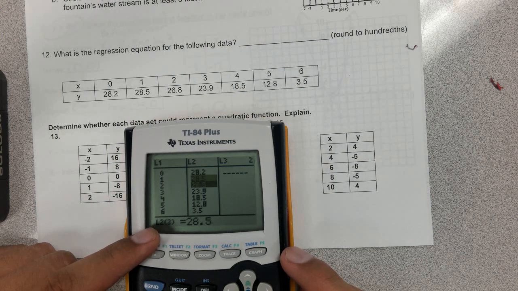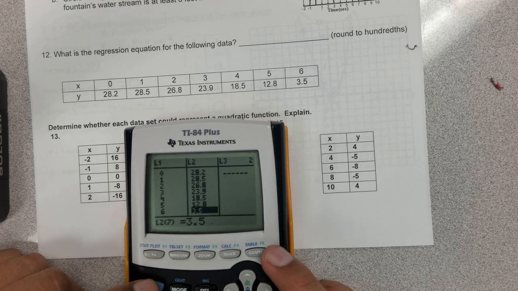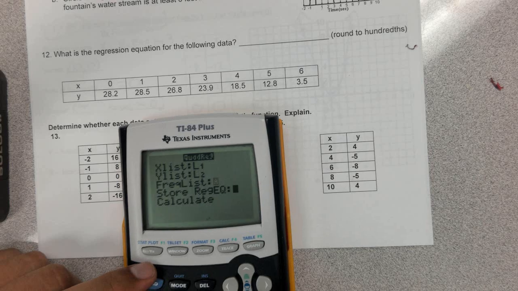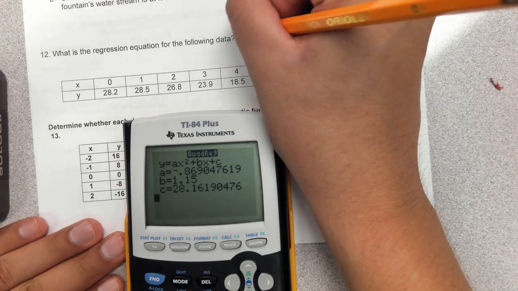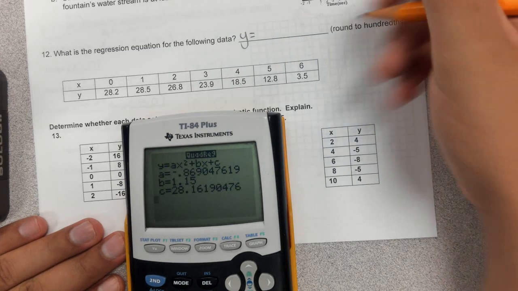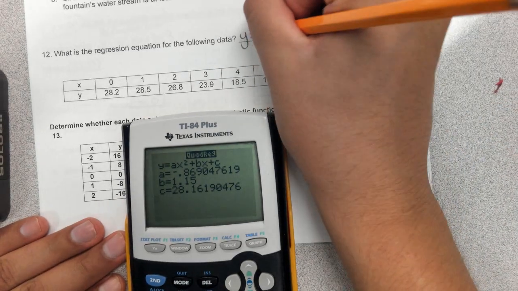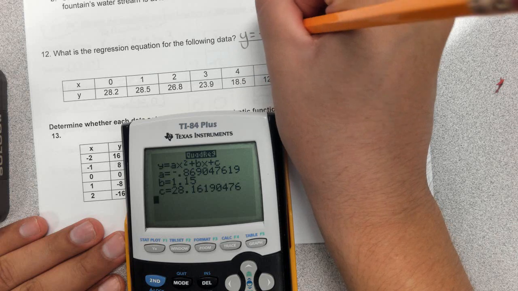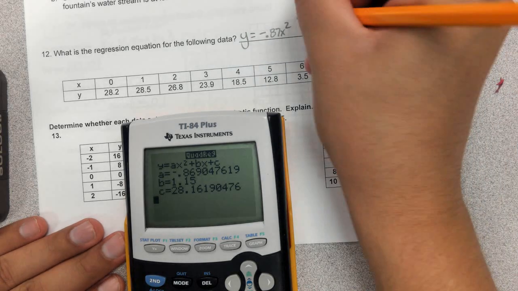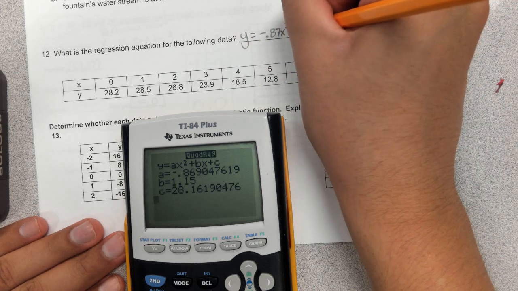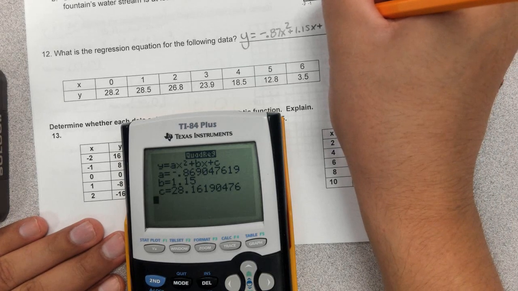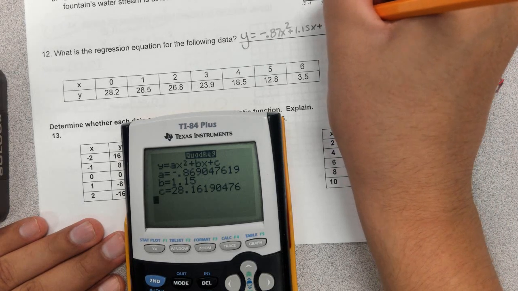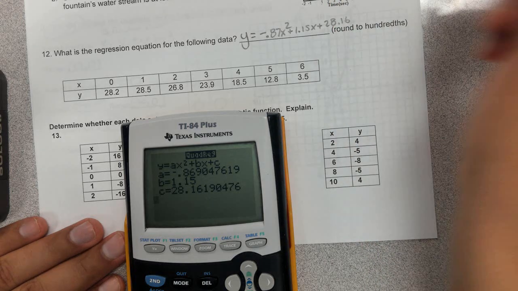28.82, 28.5, 26.8, 23.9, 18.5, yeah. So this equation would be, rounding to the hundredths, y equals negative 0.87x squared plus 1.15x plus 28.16.